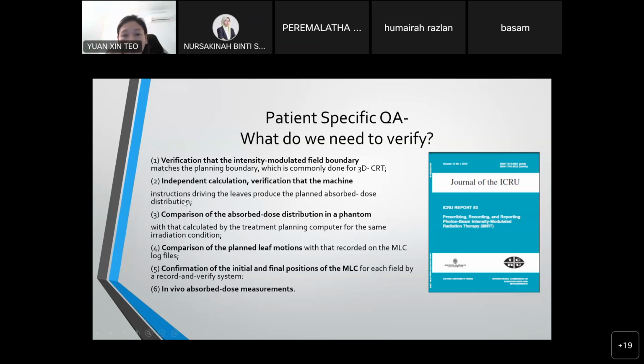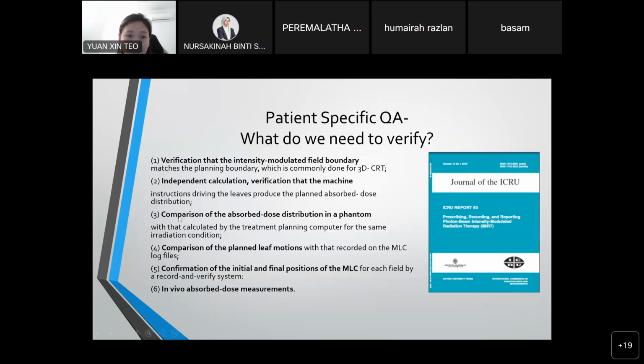If you check your MLC, whether the MLC leaves are positioned correctly or not, supposedly the MLC should be at position 2 cm, but when you shoot the plan it is at 4 cm, then there is something wrong with your MLC. You will need to counter check why this happens.